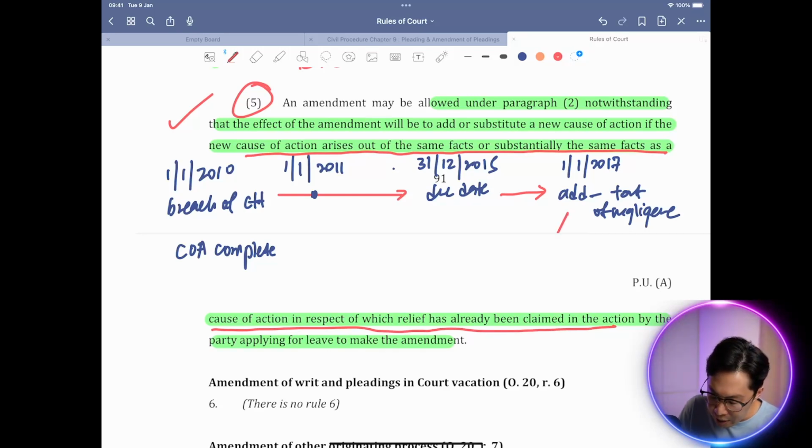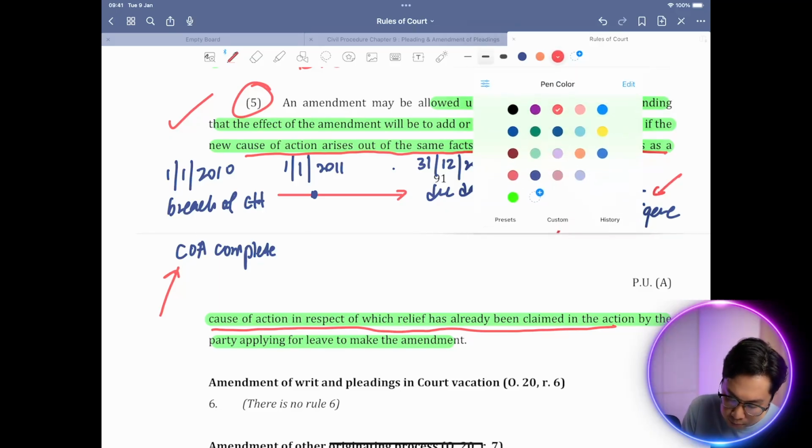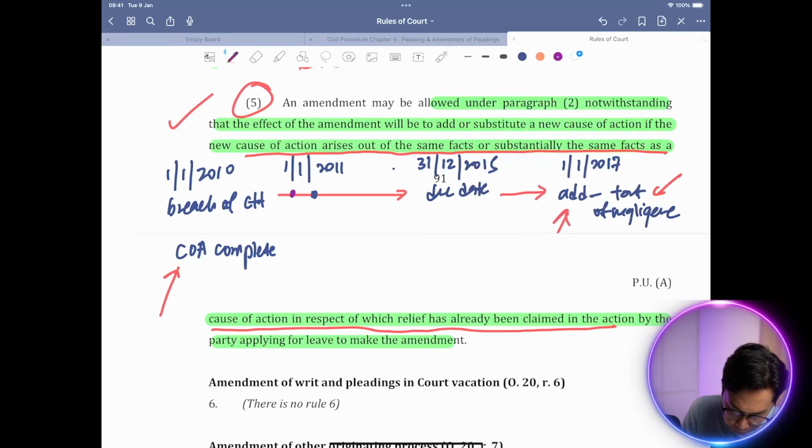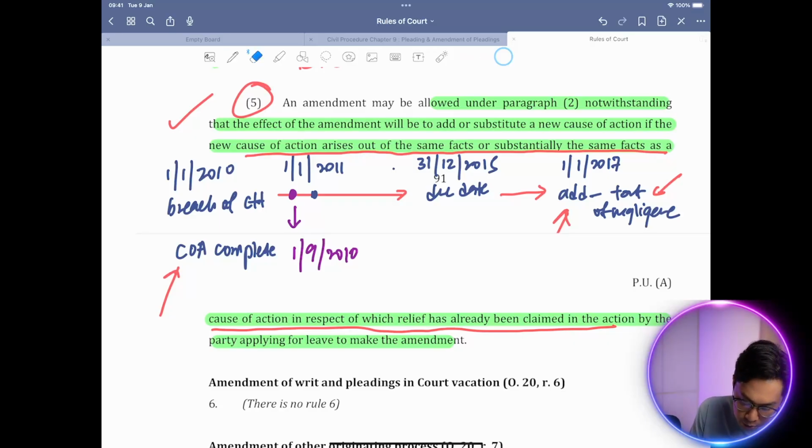So he can add here if the cause of action for tort of negligence was also completed here on the 1st of January. Then he can add on. If on the 1st of January the cause of action for breach of contract completes, the tort of negligence only completes, let's say, around here, on 1st of September 2010. Okay, I'll give you an example. No, this example is not good. I'll give you another example. Okay, ignore this one. Wait a minute before you get confused.